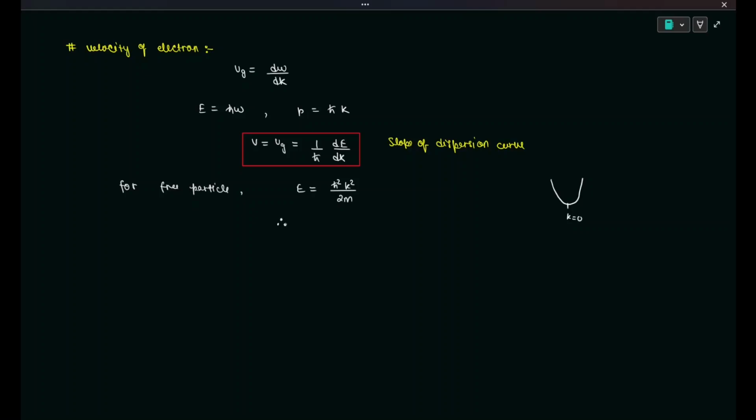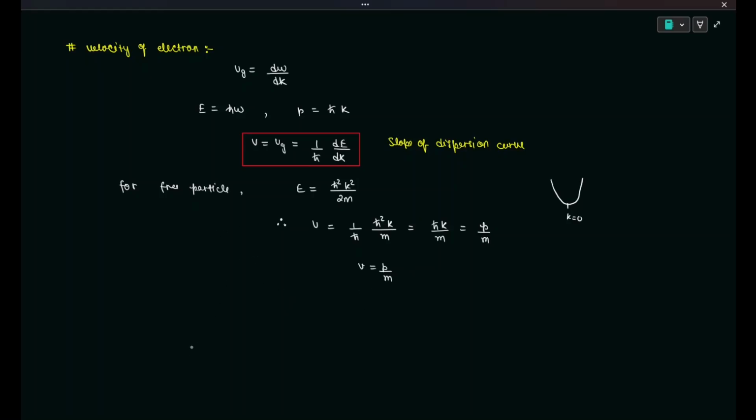Therefore the velocity of a free electron will be equal to 1 divided by ħ, and then you differentiate this with respect to k, and you get ħ²k divided by m, which is equal to ħk divided by m, and as we know ħk is the momentum p, so p divided by m. So for a free particle, the velocity is equal to p by m, where p is the momentum of the electron.